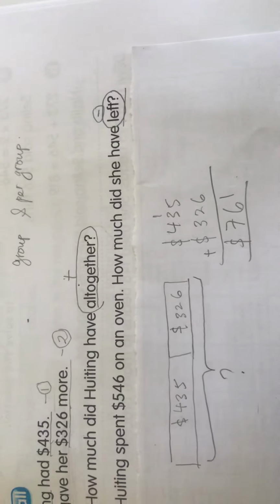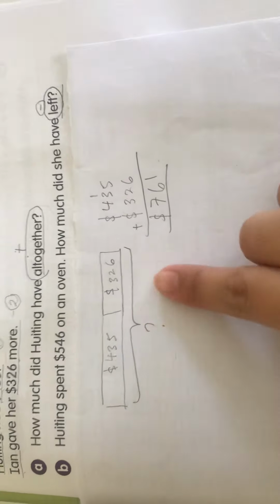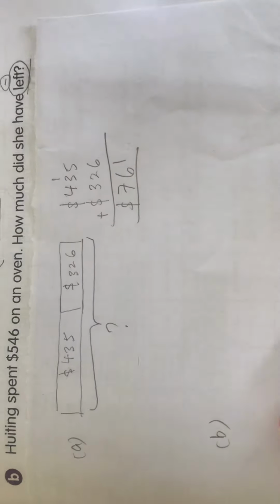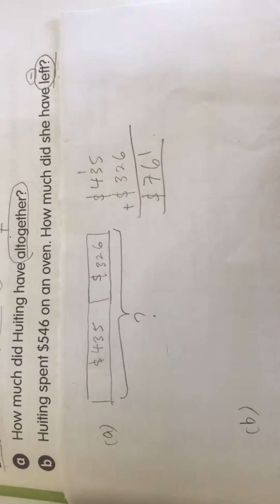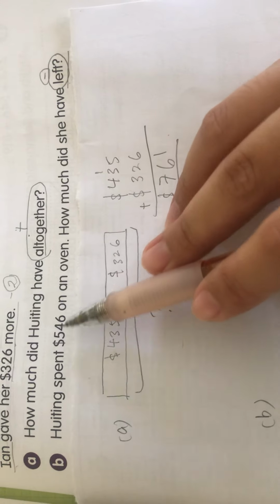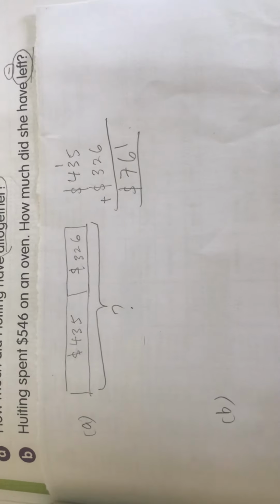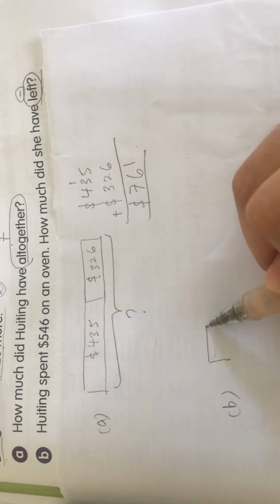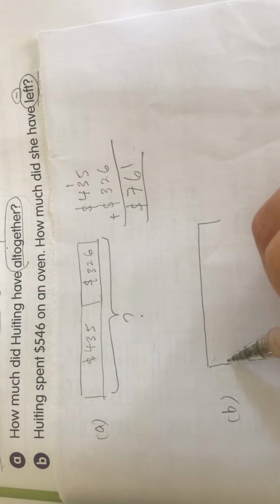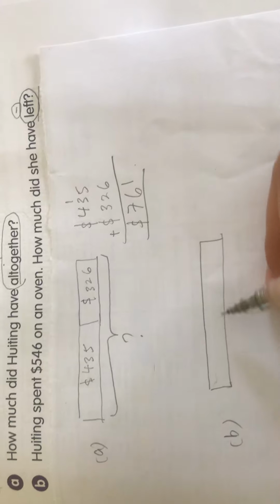So, how to draw the bar model? This is A, B. Some of the students can straight away find the answer. They take this answer and then minus $546. But I encourage you to draw the bar model for each question. So if minus, this is the money that belongs to Hui Ting.